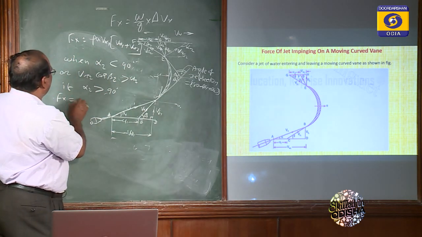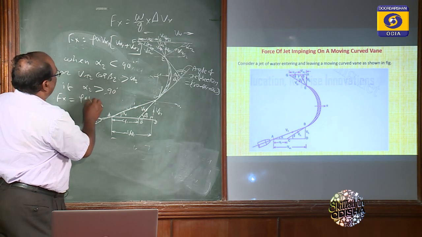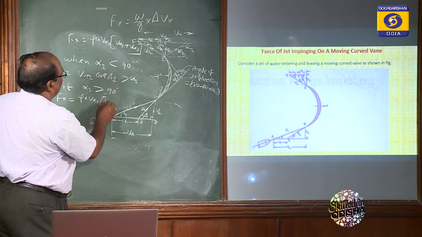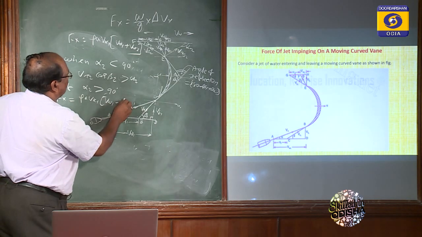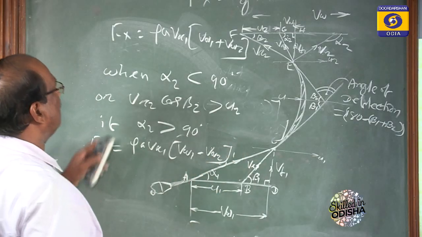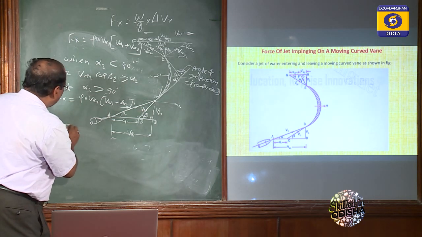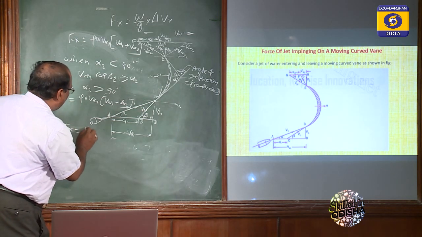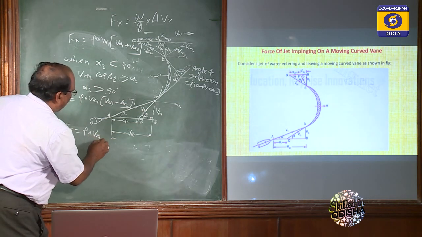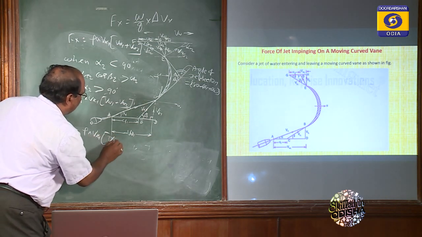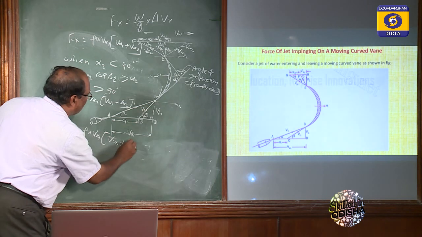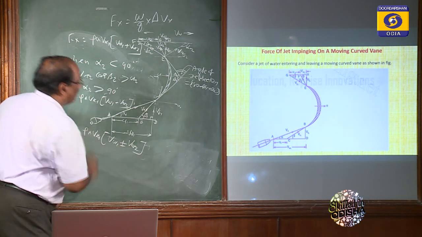So Fx equals rho A VR1 into VW1 minus VW2 for this condition. So the common equation for force is rho A VR1 into VW1 plus or minus VW2.